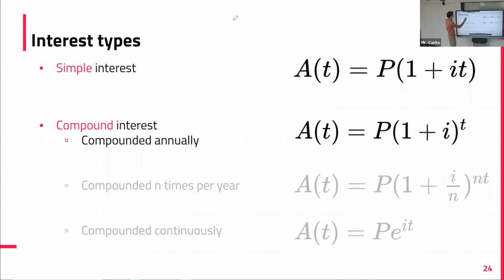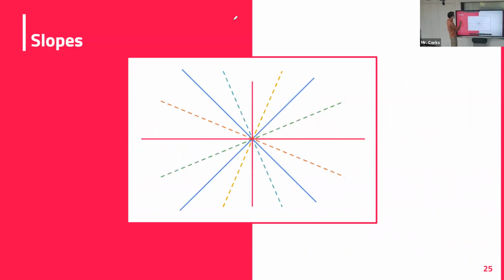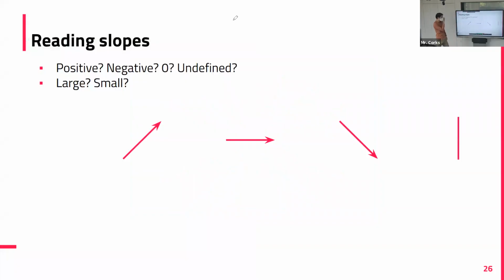Okay, so with our remaining time, I want to just quickly talk about slopes. We did this back in week 2 when we saw our formulas for calculating slopes and everything. Let's just see if we remember that. Slope is what over what?